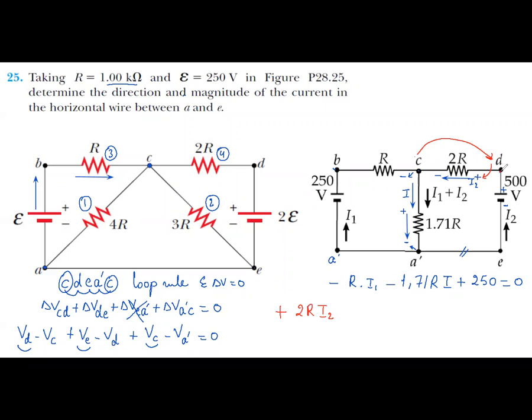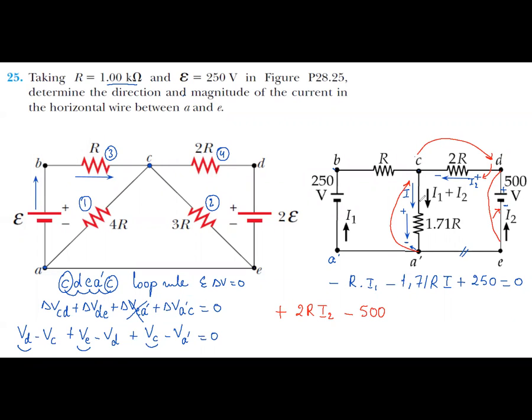Now between D and E, VE, look here, VE is at the negative side. So we have minus 500. And now from the point A prime to the point C. Now I am talking about this resistance.